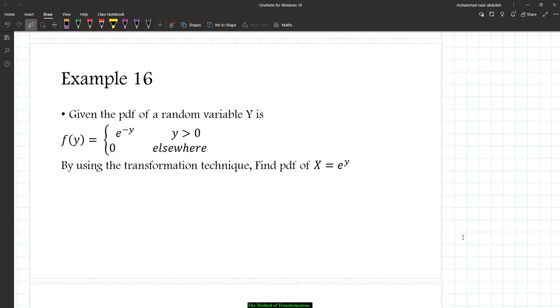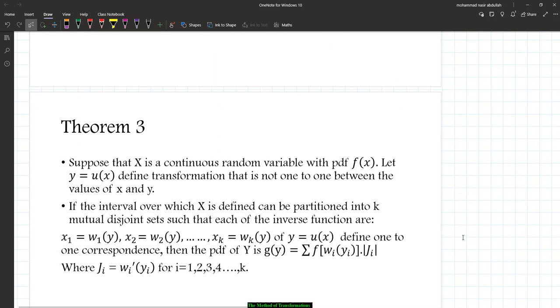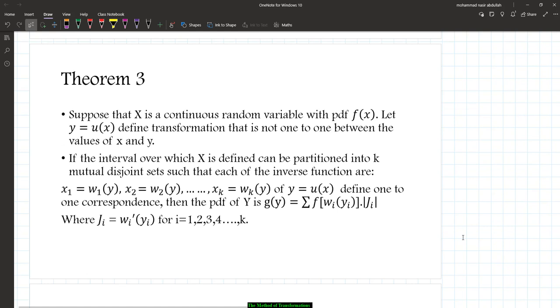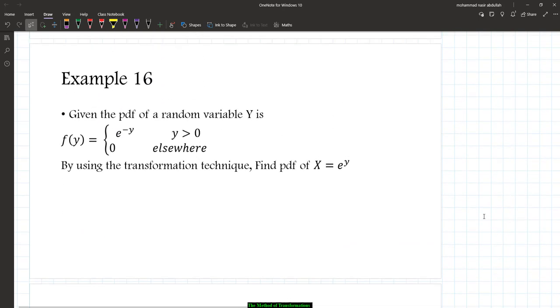Okay. Done. Alright, now let's look at theorem number 3. Or do you want to take... Yes. Okay, good.